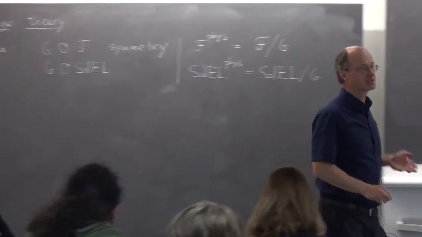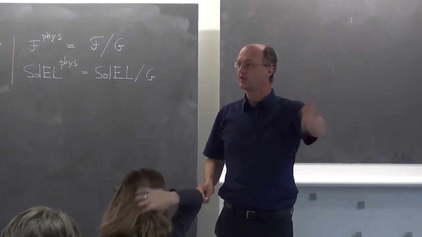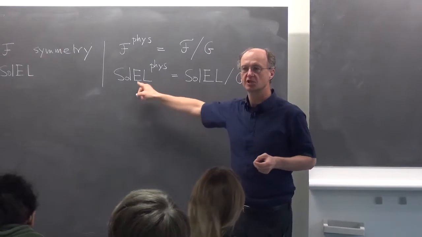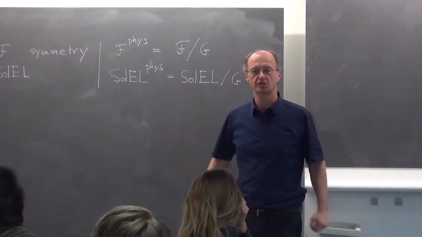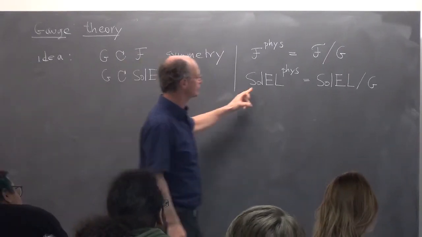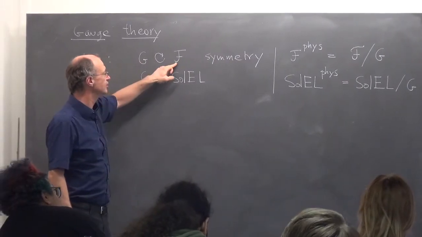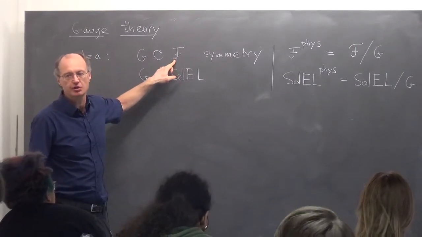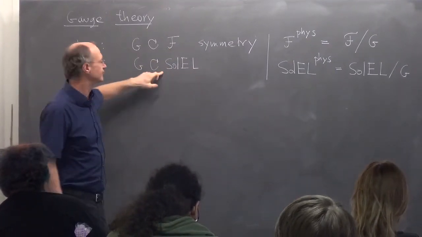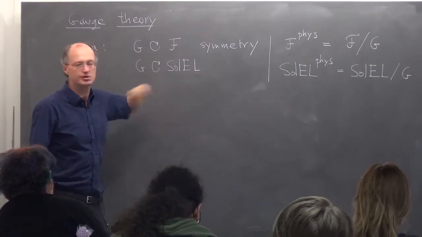Now, when we discuss a gauge symmetry, the idea is different. We say, yes, there is a group acting on the space of solutions, but we want to identify the solutions which go to each other under the action of the group. Maybe I should point out that it leads to some technical difficulties. We saw that F, at least in our considerations, was usually a vector space. SOE L, in many examples, was a vector space, and we discussed a little bit non-trivial topologies last time.